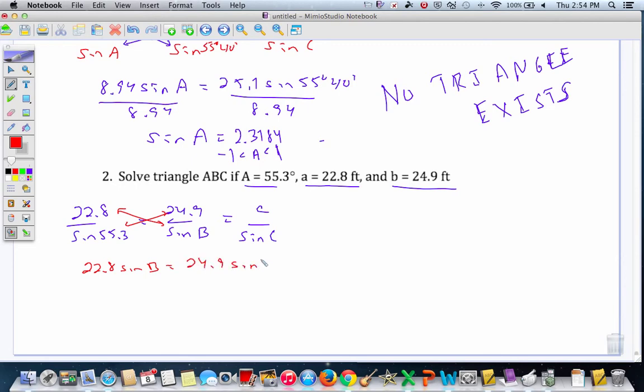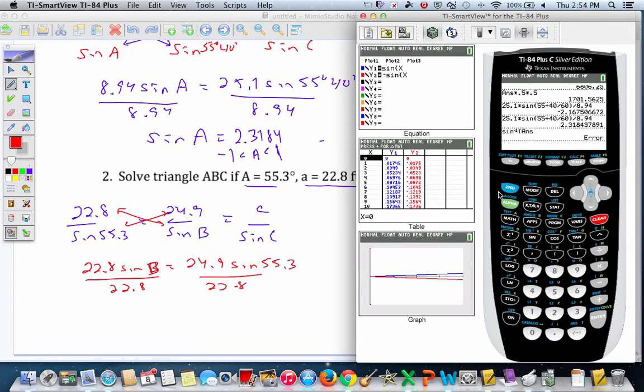22.8 times the sine of angle B equals 24.9 times the sine of 55.3. I'm going to divide by 22.8. And we'll show that as well. So I have 24.9 times the sine of 55.3 divided by 22.8.